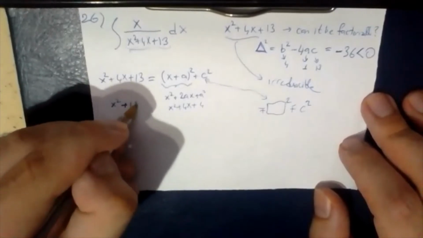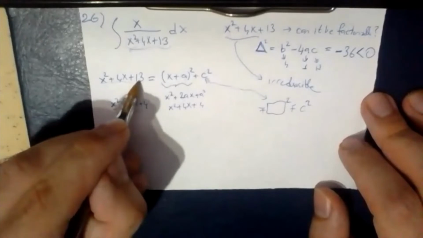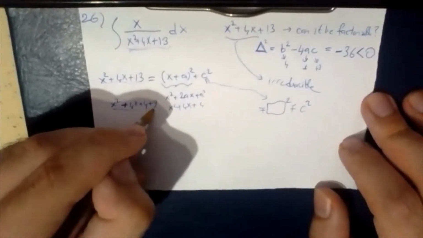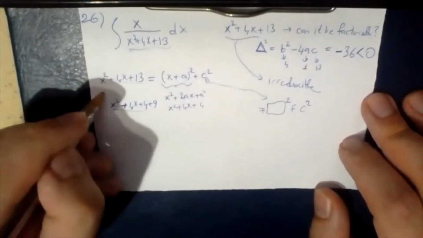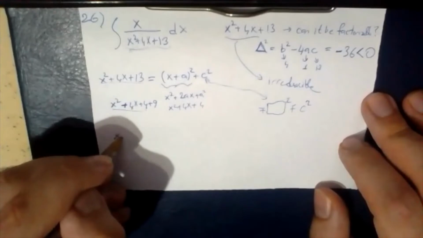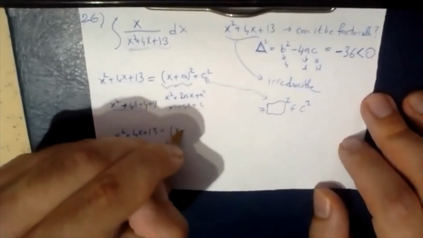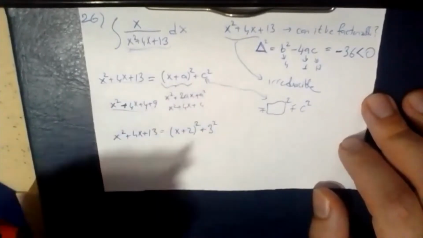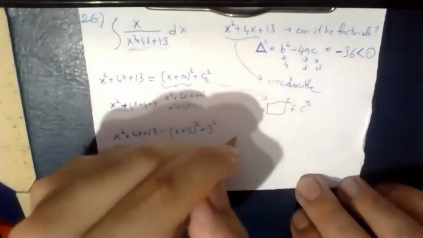So let's write x squared plus 4x plus 4, but they are not equal. What is left here? Plus 9. If I add also plus 9, they will be equal. So instead of this expression, I can write (x plus 2) squared plus 9.